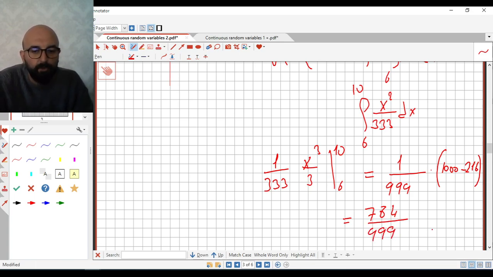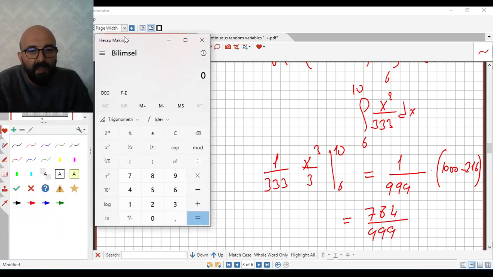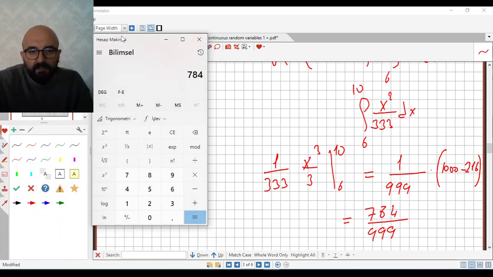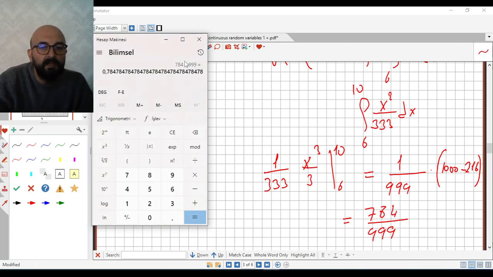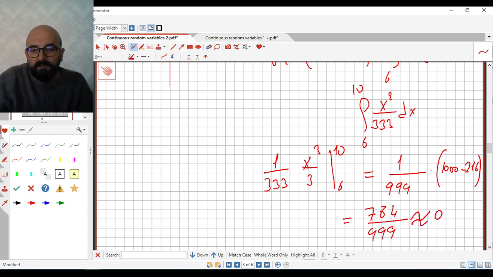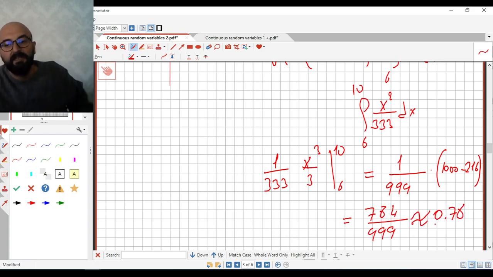I want to compute the approximate value. 784 over 999 becomes approximately 0.78.